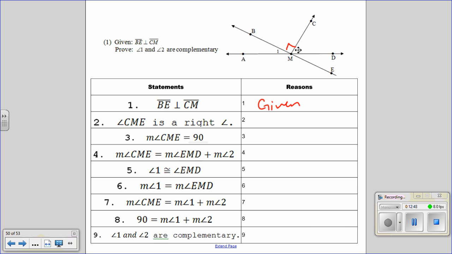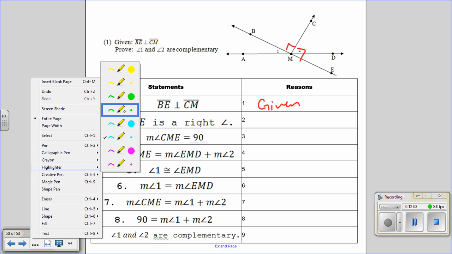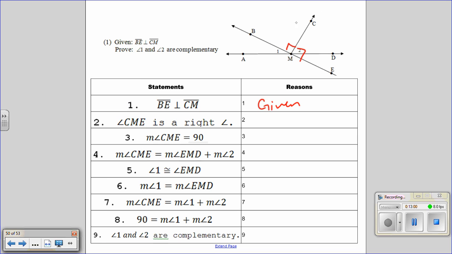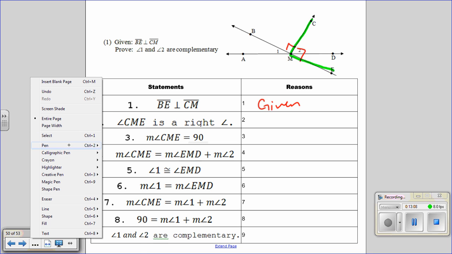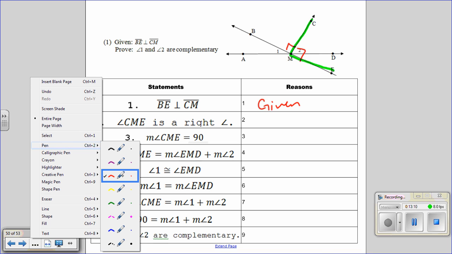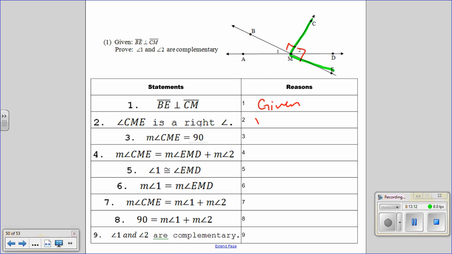So that is a 90-degree angle as well as this angle here. So now it says angle CME, if I were to highlight that for you. CME is this angle here, is a right angle. And again, we know that already simply because that's the definition of perpendicular lines.